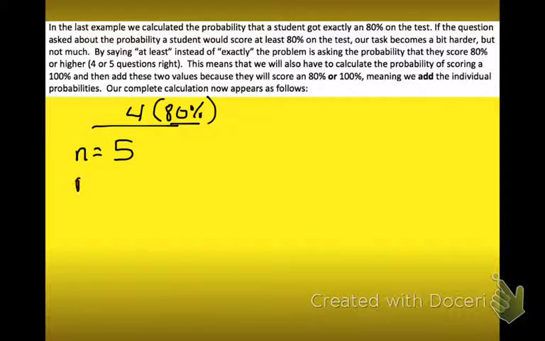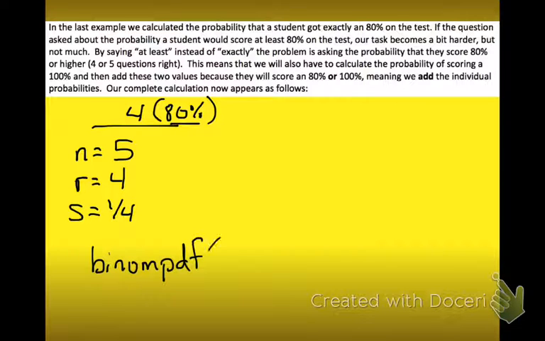Our r now is going to be 4, and s is still going to be 1/4. So we're going to go ahead and calculate. It's going to be binom PDF 5, comma 1/4, comma 4.